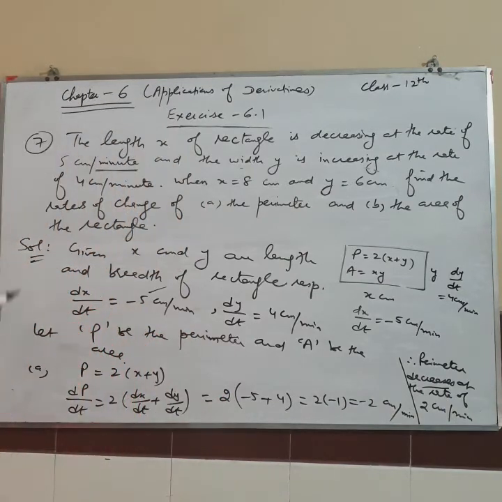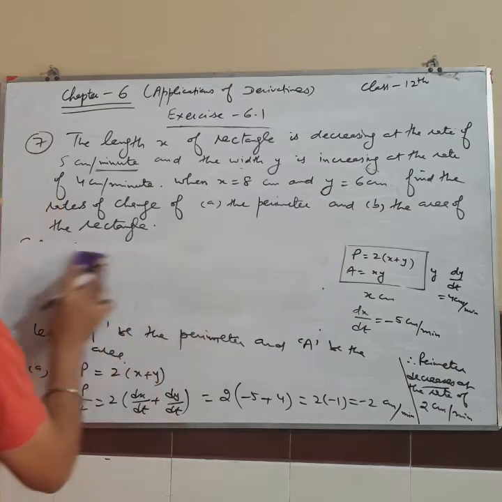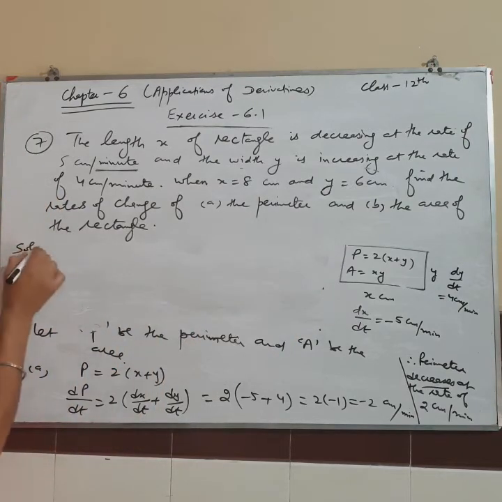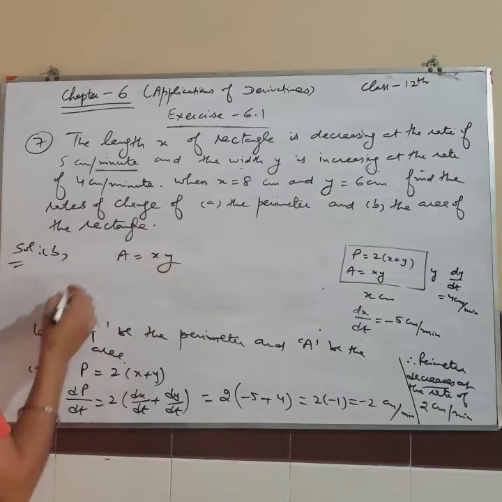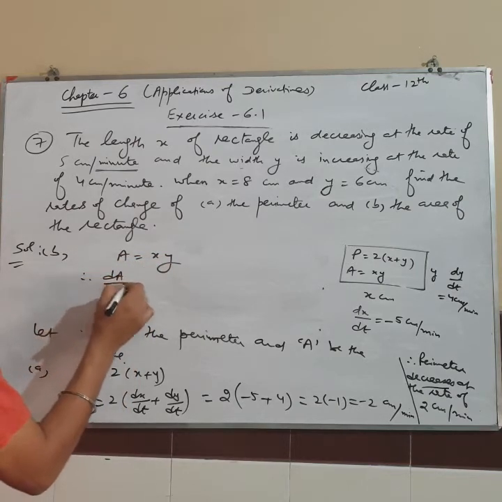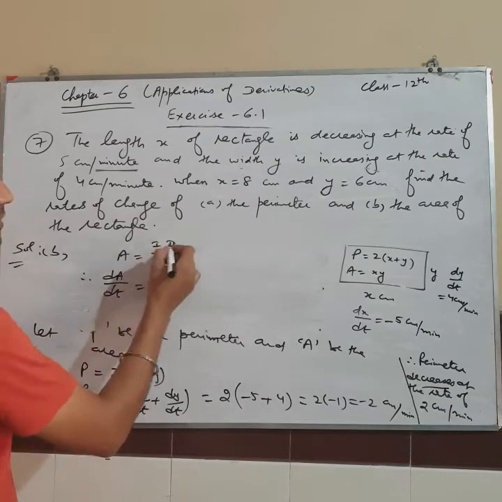See next, what is given about area. Area of rectangle is length into breadth. Now write dA over dt, means differentiate with respect to time. Since there are two parts, we will use the product rule.